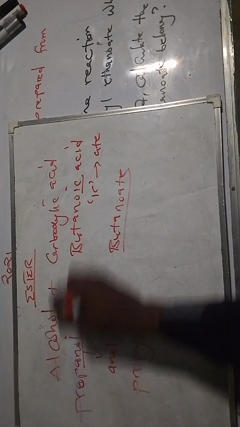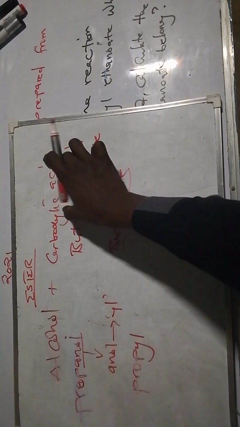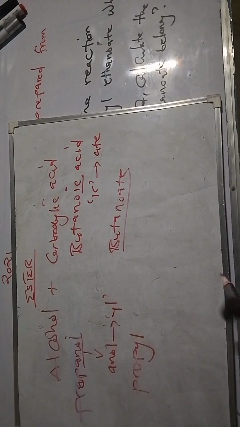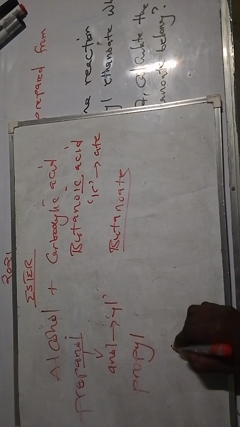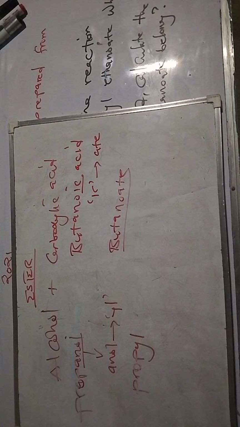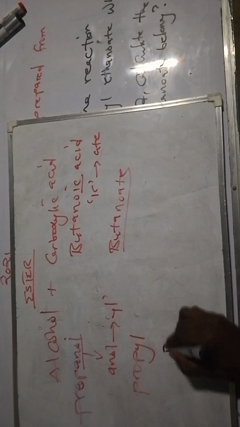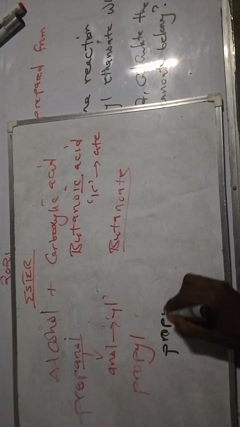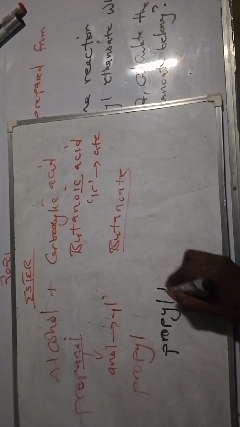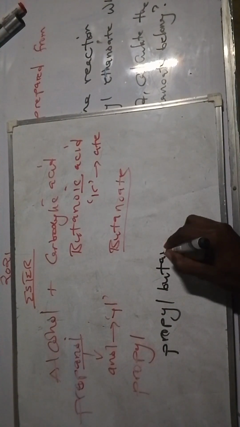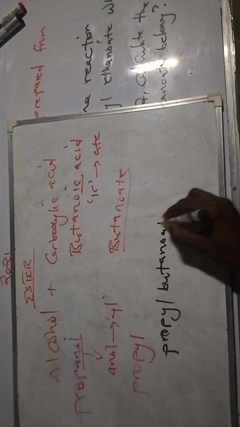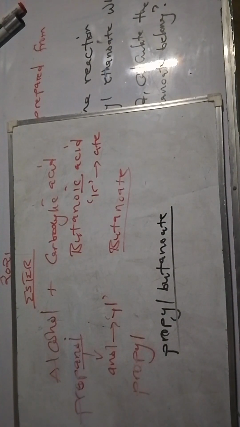So this alcohol and this acid, when they react, the name of the ester which will be produced, we'll call it propyl butanoate. So that's the name of the ester which we have created.